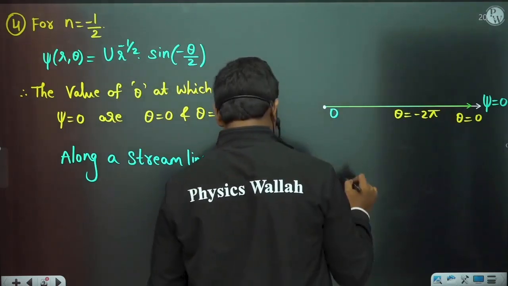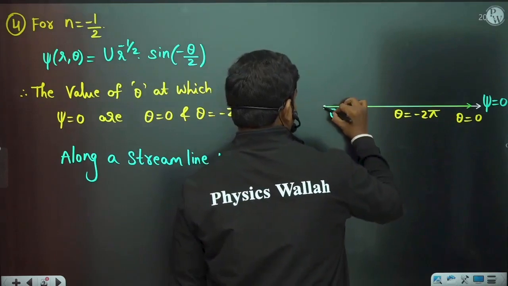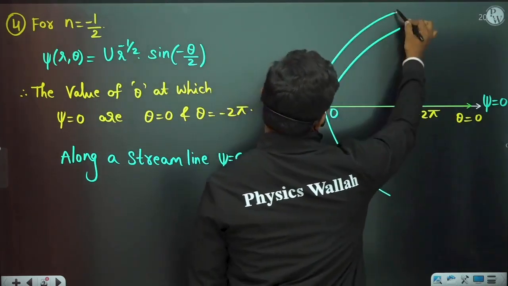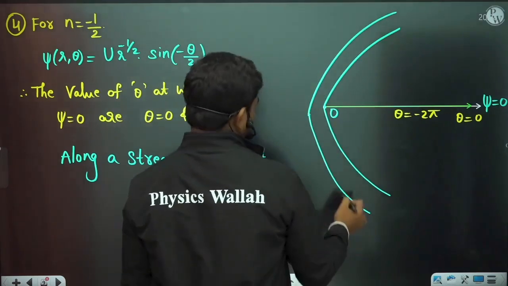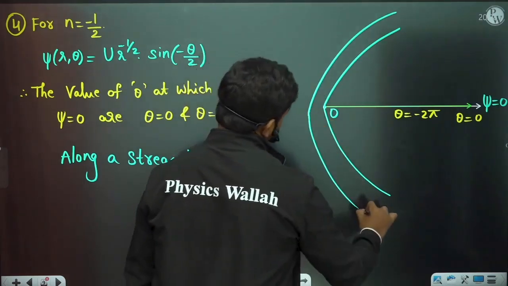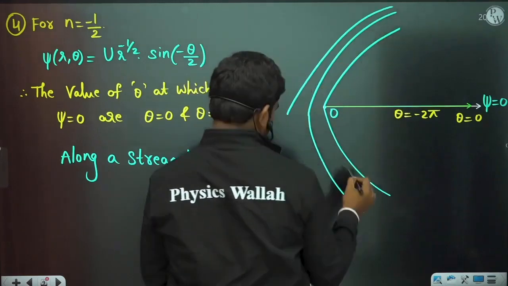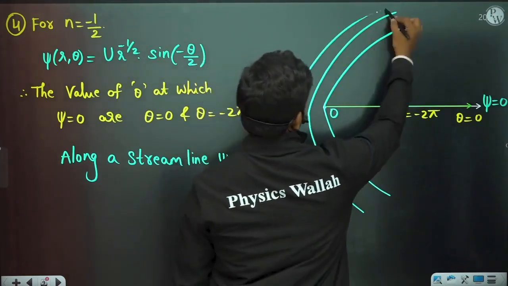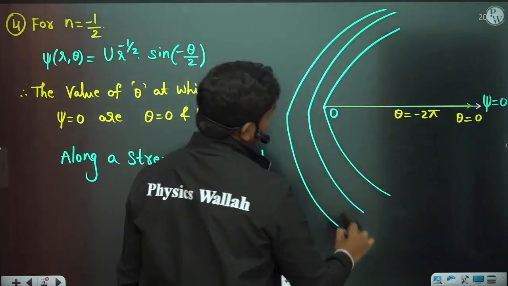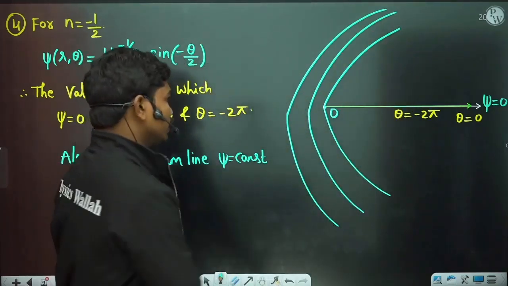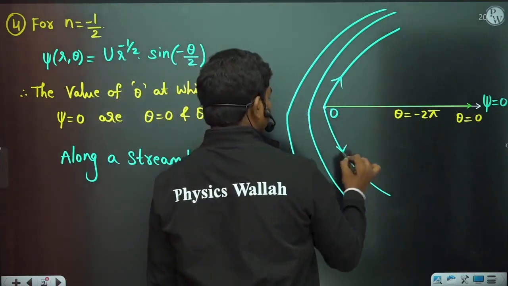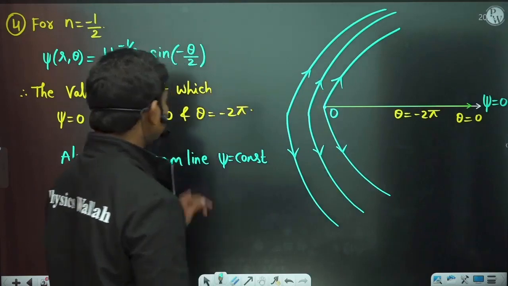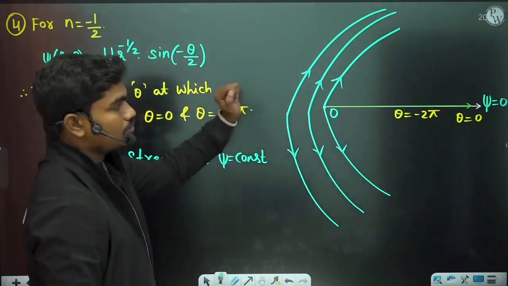With the origin here, for example, this is how the streamlines come, because this is for the positive and negative values of theta when you put them in. So this is how the streamlines come out.